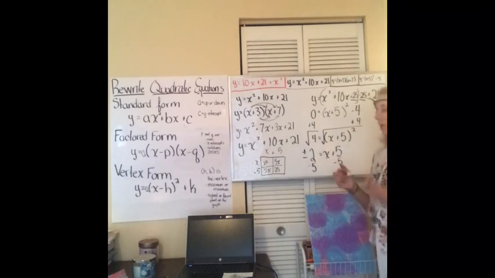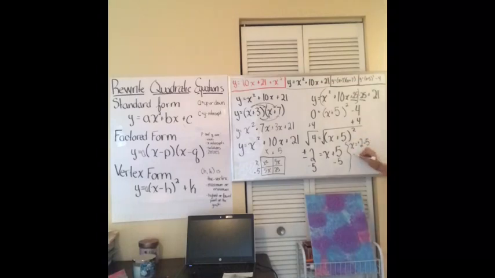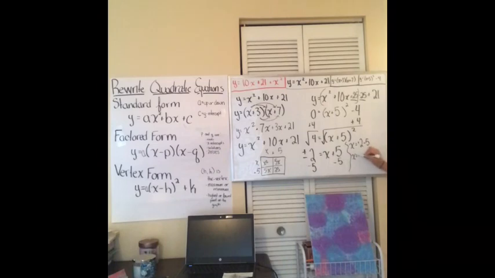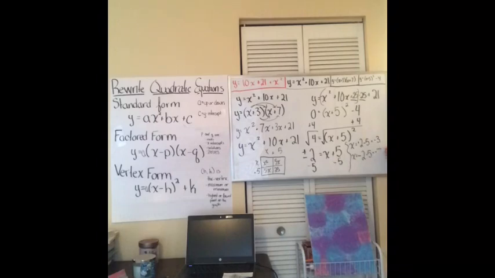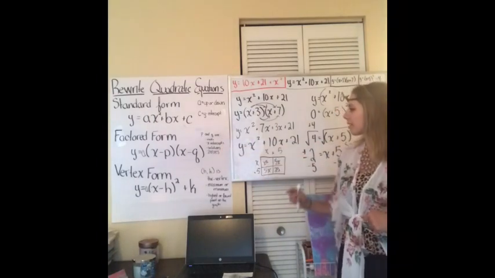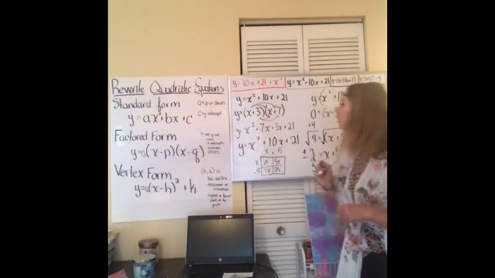So now I have two equations. I have x equals positive 2 minus 5, and I have x equals negative 2 minus 5. Well, positive 2 minus 5 is negative 3, and negative 2 minus 5 is negative 7. So these are my roots, or my x-intercepts, or my solutions, or my zeros.